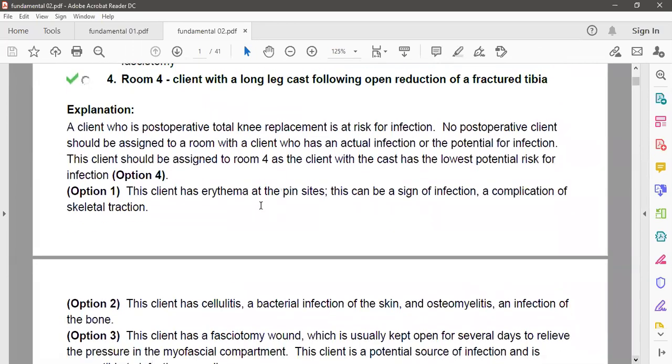A client who is post-operative total knee replacement is at risk of infection. No post-operative client should be assigned to a room with a client who has an actual infection or potential for infection. This client should be assigned room number 4, as the client with the cast has the lowest potential risk of infection.